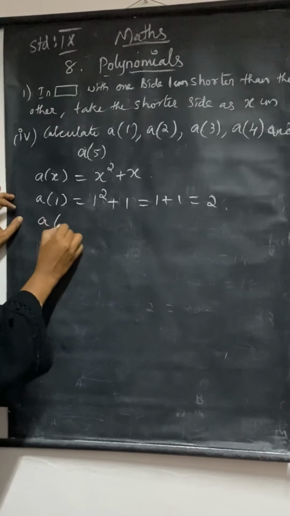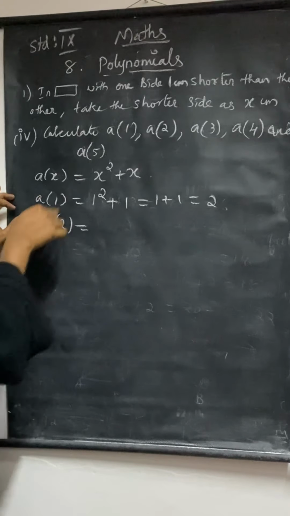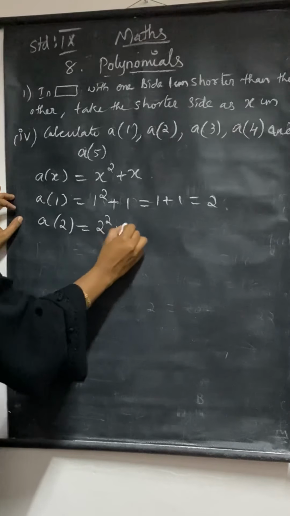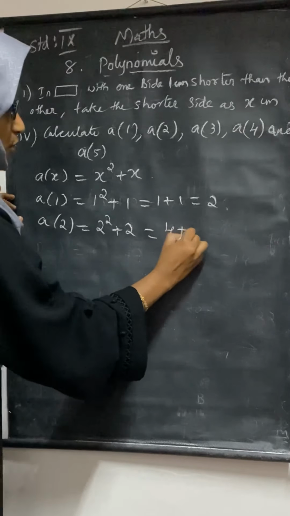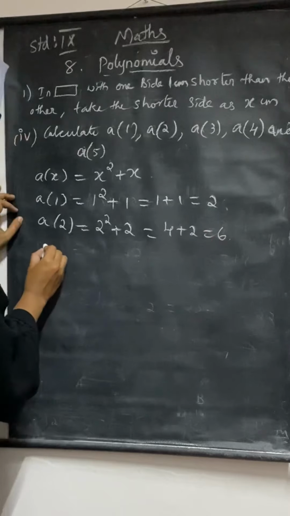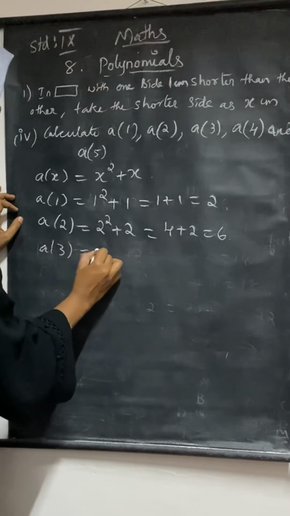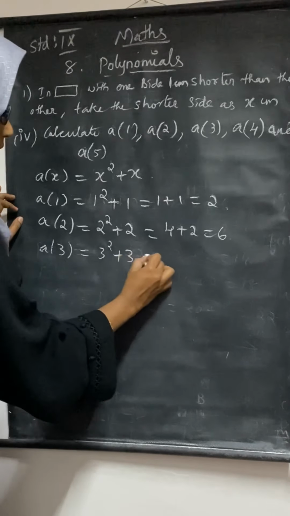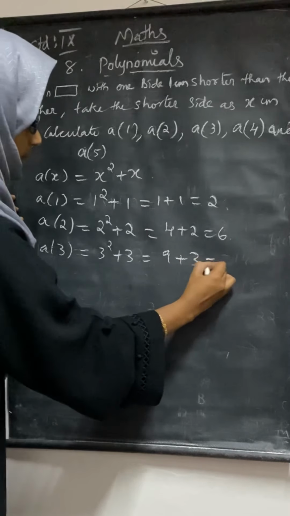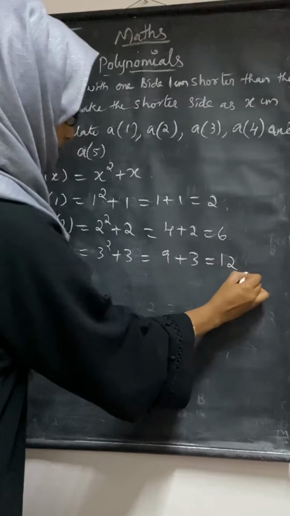Now a of 2 it becomes, so x became 2 now. 2 square plus 2. 4 plus 2, 6. A of 3, 3 square plus 3, 9 plus 3, 12.